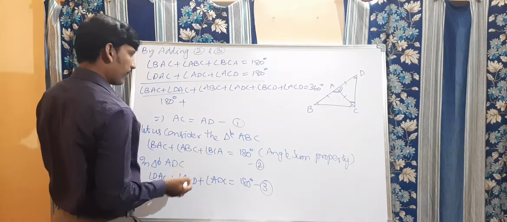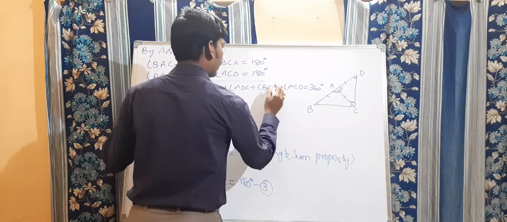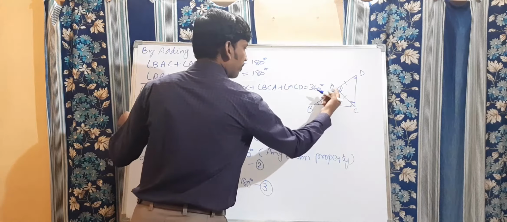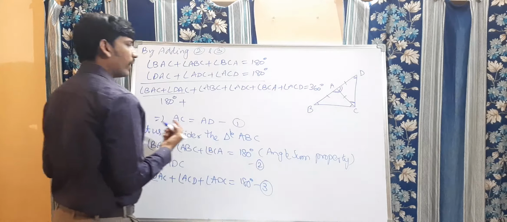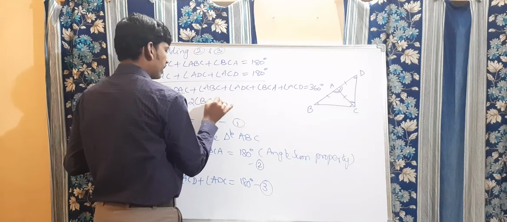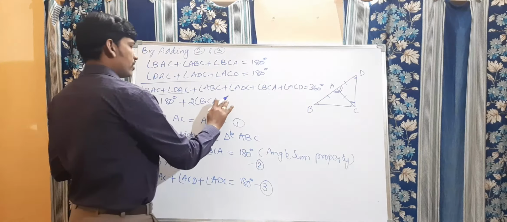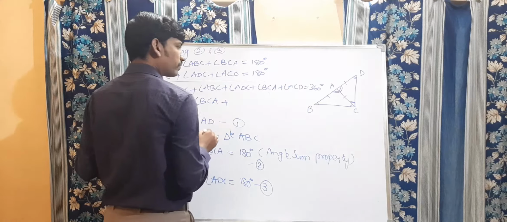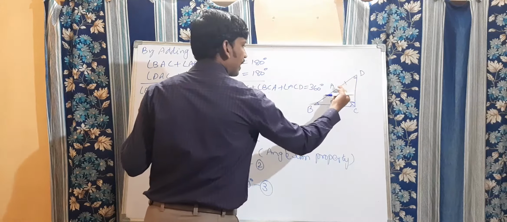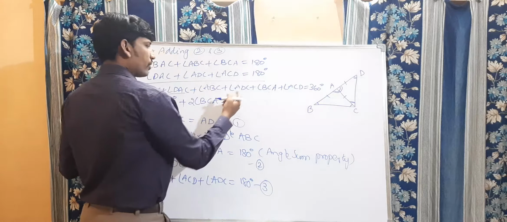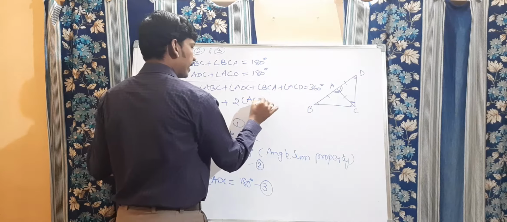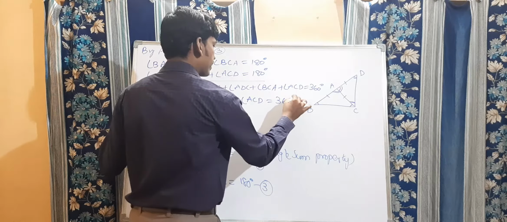So ABC and BCA are equal, so here I am going to write 2 times angle BCA. Plus, angle ACD and angle ADC are equal, so I am going to write 2 times angle ACD is equal to 360 degrees.